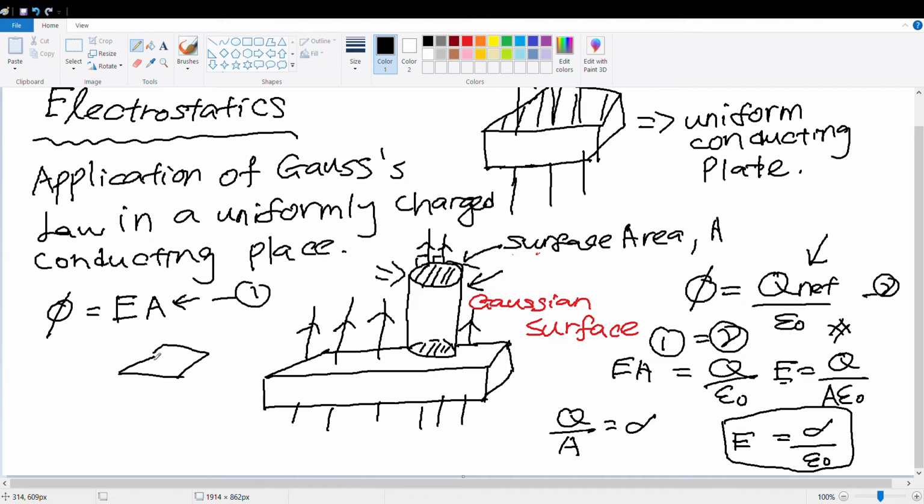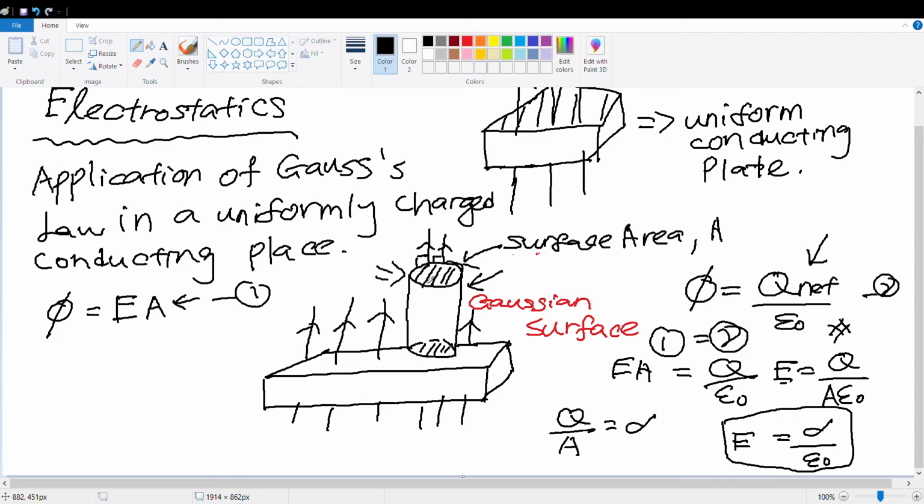This cubic shape shall be our Gaussian surface on the bottom of this uniform conducting plate.